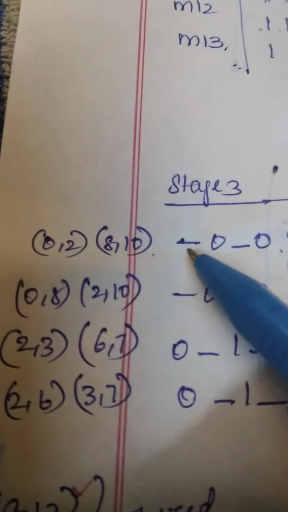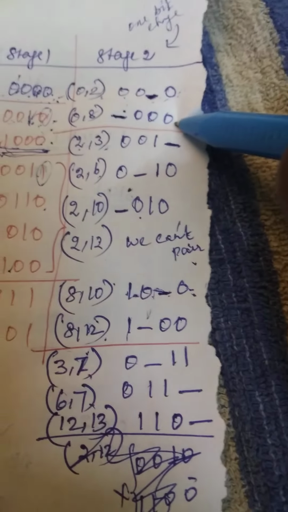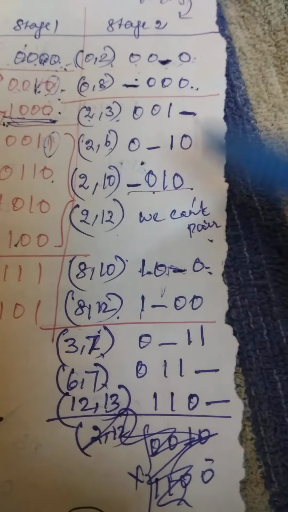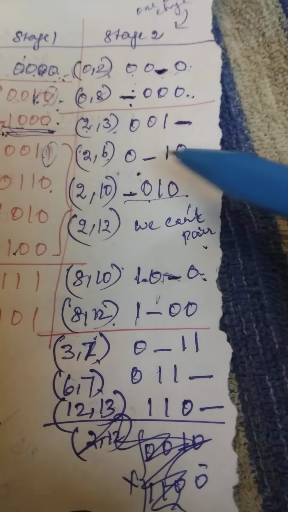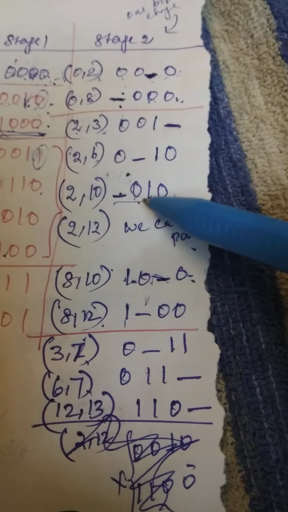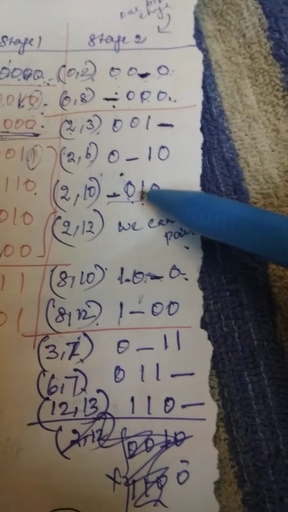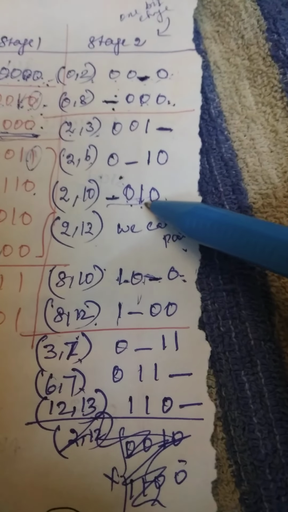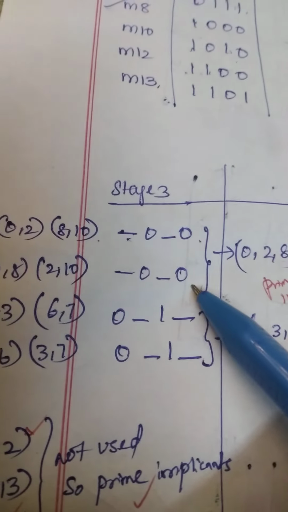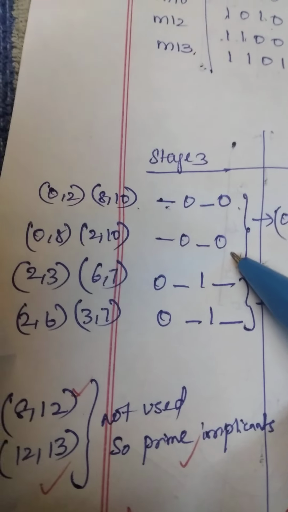The next possibility is 0,8 and 2,10. The first is already a dash, then 0, 0 and 0, 1, 0. Here only one bit changes, so you put a dash here. So what will be the value? -0-0. Similarly, what will be the next? 2,3 and 6,7.